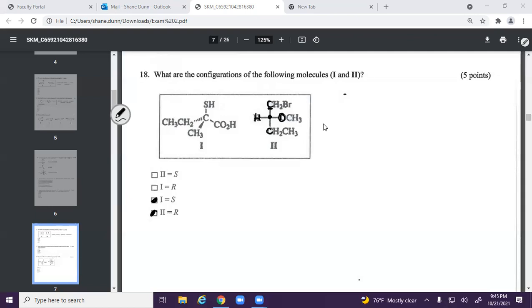Oh. That takes first priority, right? Next, we look at the 2 C's. This C right here is bonded to a bromine. This guy's only bonded to another carbon. So this guy right here becomes 2 because it's the second heaviest. That makes sense, Madison? Yeah, now that makes sense. Thank you. Cool.